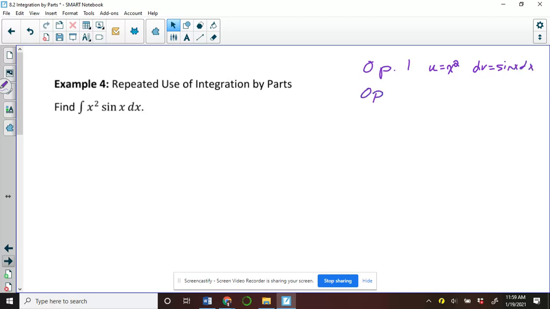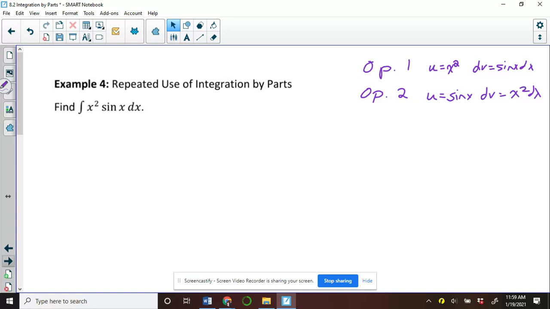Option 2, u is sine of x, dv is x squared dx. And really you could have the options where one of them's 1, the other one's the rest of it, etc. But really and truly we have 2 options that are viable.